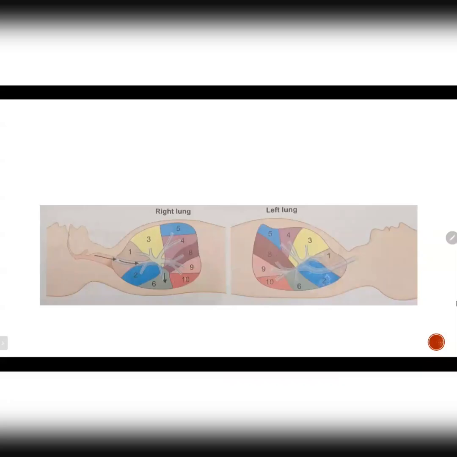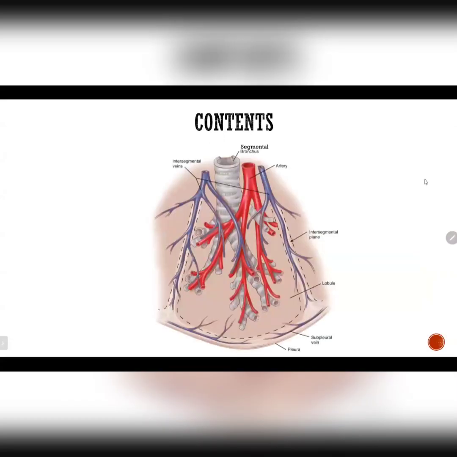So these are points you can include in your short note. The apex will be pointing towards the hilum of the lung, and the base of the bronchopulmonary segment will be pointing towards the costal surface.